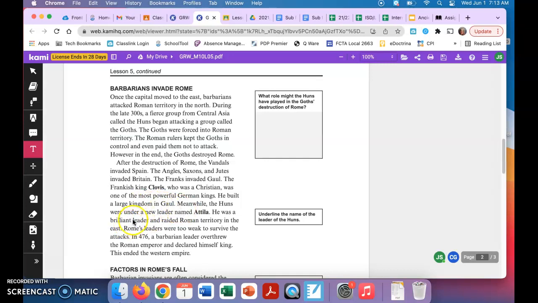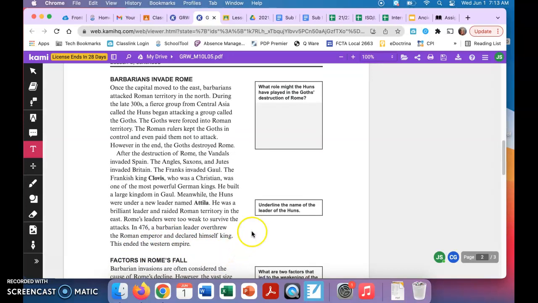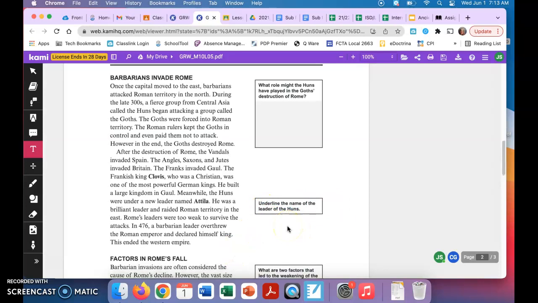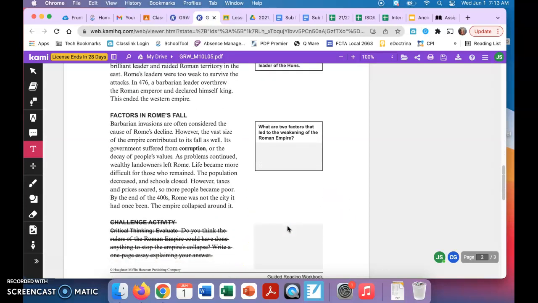Meanwhile, the Huns were under a new leader named Attila. He was a brilliant leader and raided Roman territory in the east. Rome's leaders were too weak to survive the attacks. In 476, a barbarian leader overthrew the Roman Empire and declared himself king. This ended the Western Empire. Again, underline the name of the leader of the Huns.